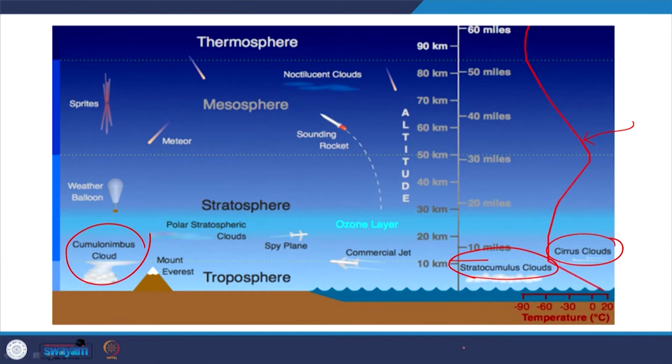Okay, so what you see is the commercial jets that we know generally fly at an altitude of 10 kilometers, and the ozone layer is between 30 and 50 kilometers. These are very important terms that all of us must have heard about. And the incoming meteors: we have already seen that meteor ablation happens in the mesosphere.